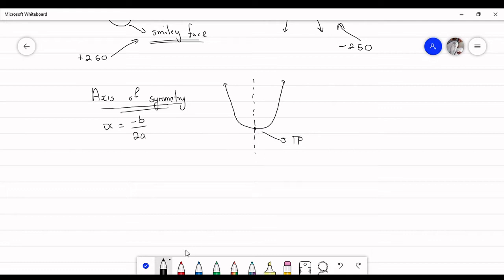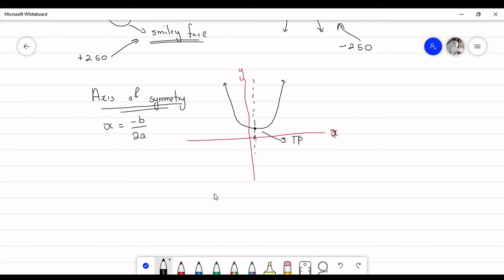Let's say this is your Cartesian plane. We know that this is our y and this is our x. Our axis of symmetry here goes here and it cuts our x axis.